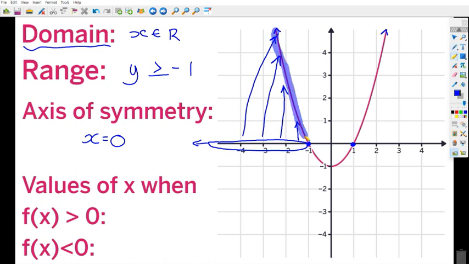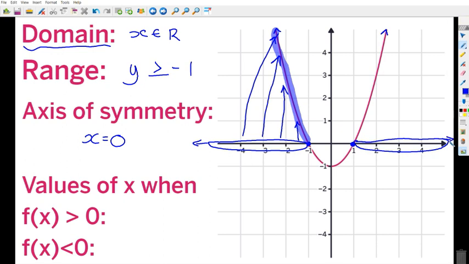So that's my above. Now if I look at this side, at this x-intercept, and I look at all of these x values here, and forever that way, for infinity, this is going to go to negative infinity, this is going to go to positive infinity.